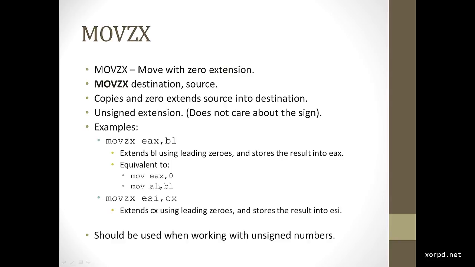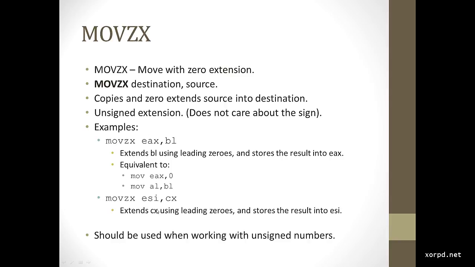You might ask, why not do these two instructions? Well, it's better to use one instruction. Also, your intention is going to be much clearer when you use move zero extension. When you use this kind of instruction, it is clear that you want to extend the number and to store it inside a larger container.